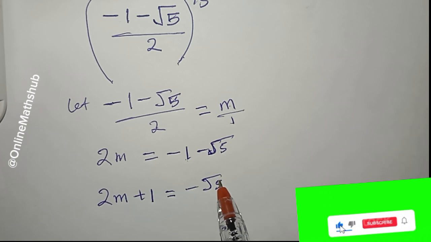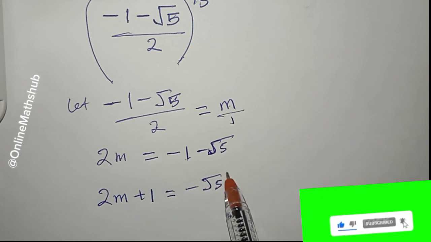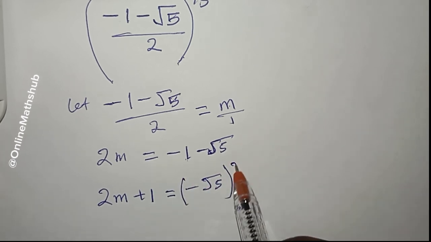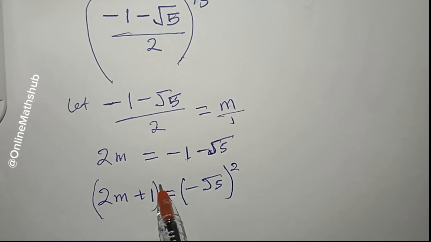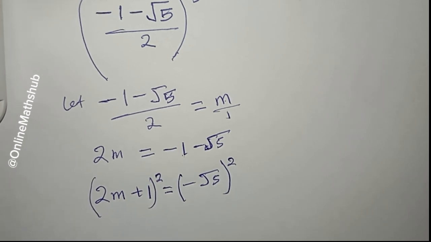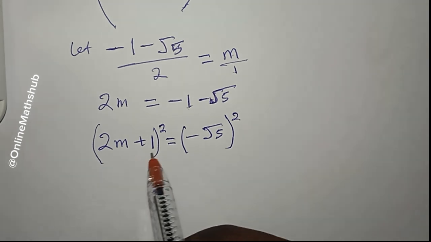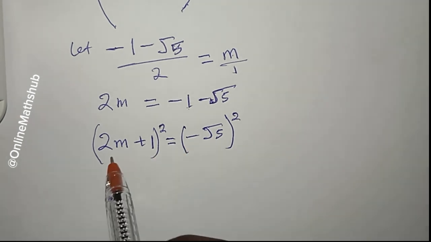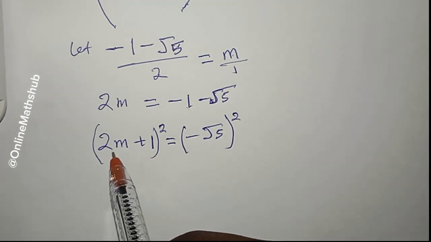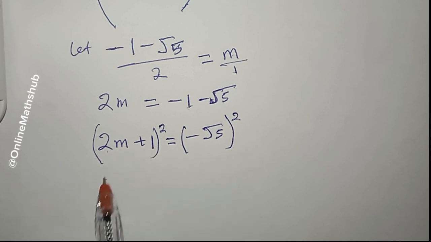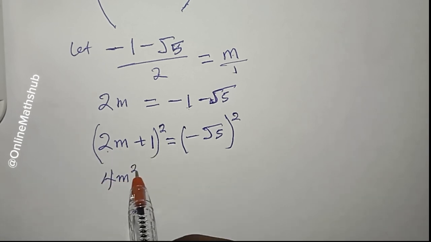Next, to remove this square root, I'm going to take the square of both sides. To simplify this square, you just multiply it by itself. So 2m times 2m gives 4m squared.